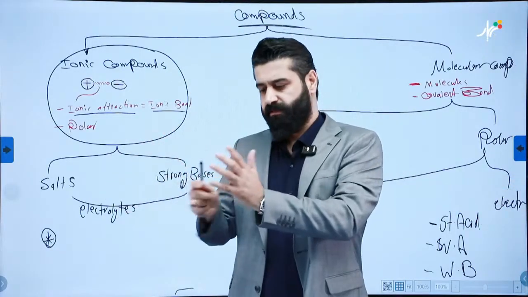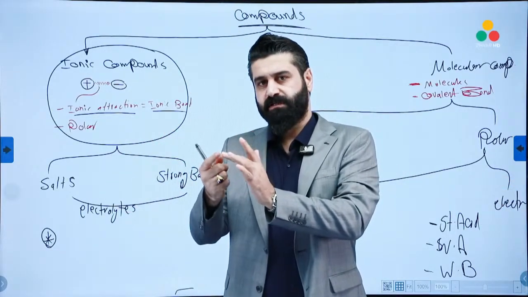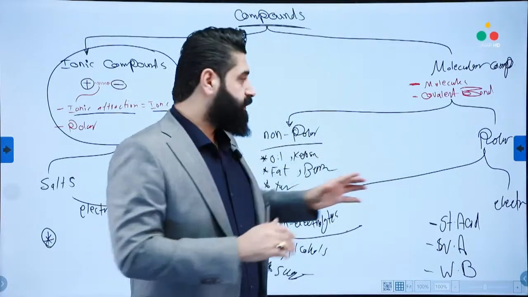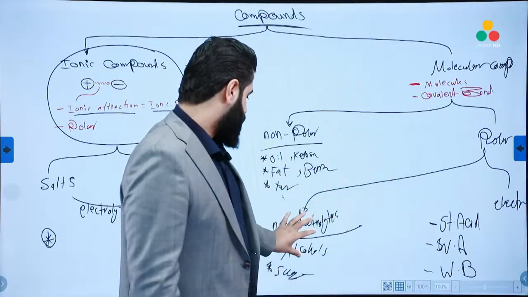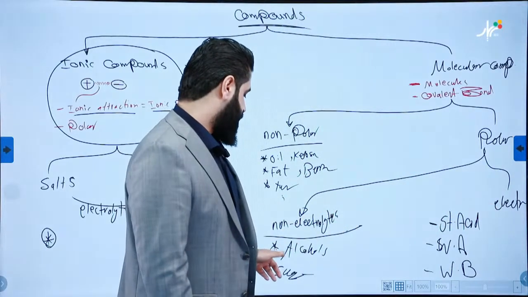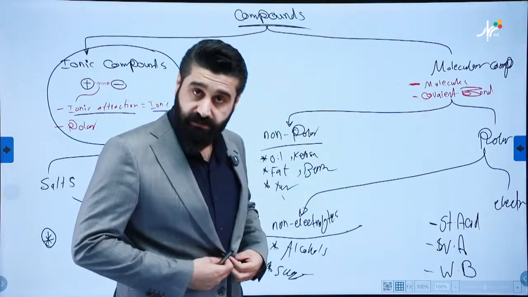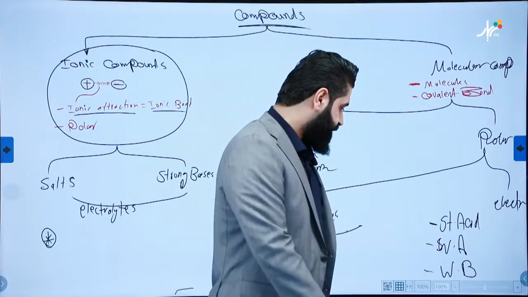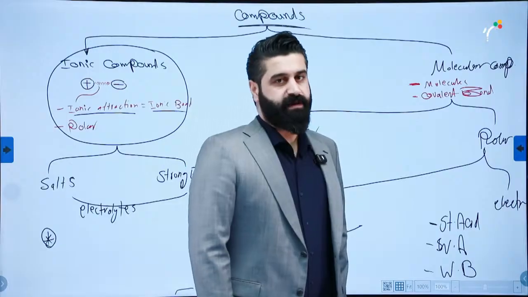The non-polars are like oil, kerosene, toluene, benzene, and so on. We classify the polars into electrolytes and non-electrolytes. Non-electrolytes are like alcohols and sugars. But the electrolytes are strong acids, weak acids, and weak bases.